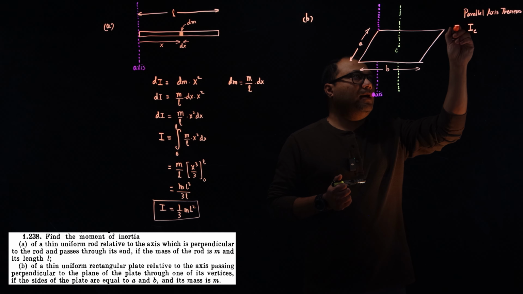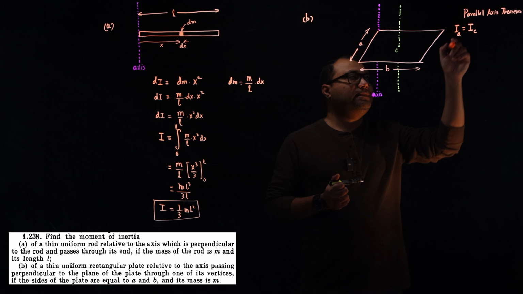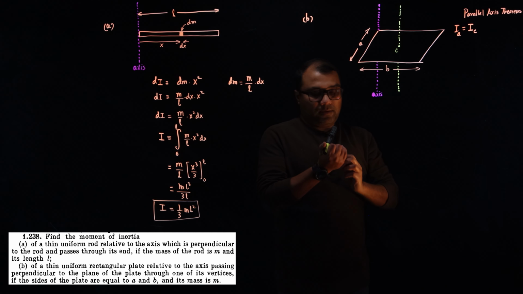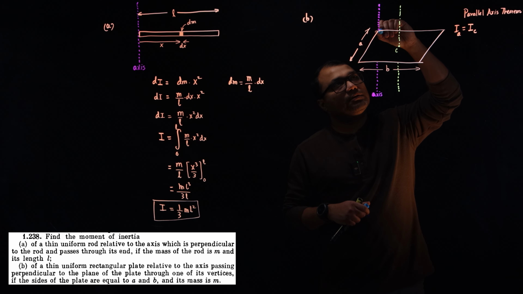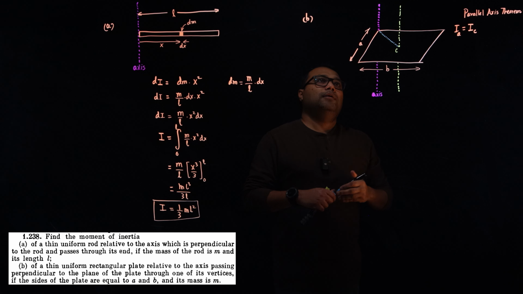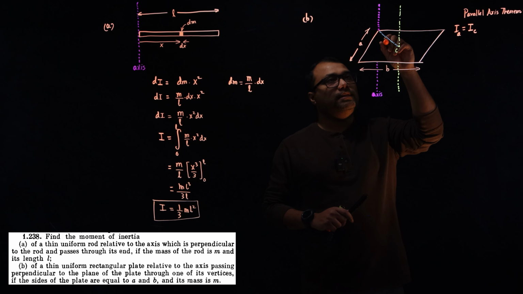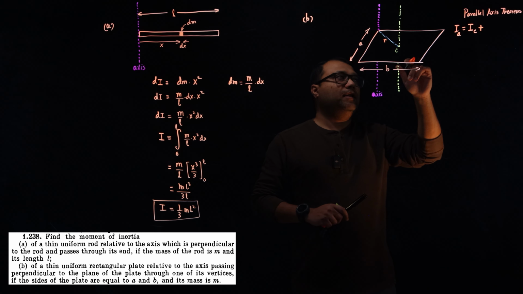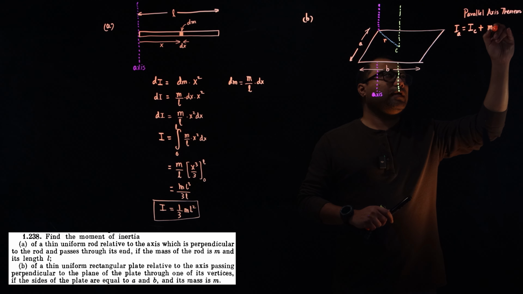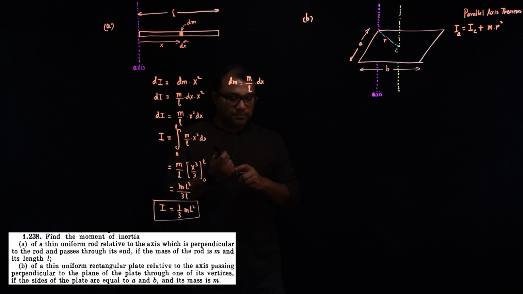We can find I, whatever this axis is, let's say I_A is I_C plus, if the distance between those two parallel axes is r, the mass of the lamina m times r square. Okay, so that is parallel axis theorem.